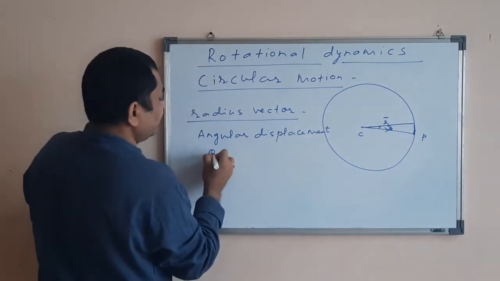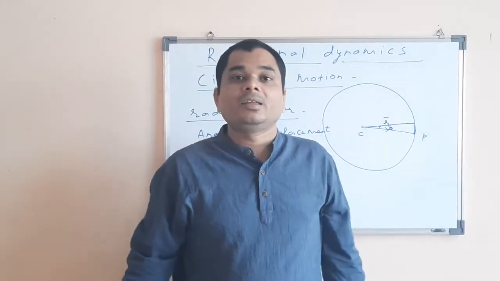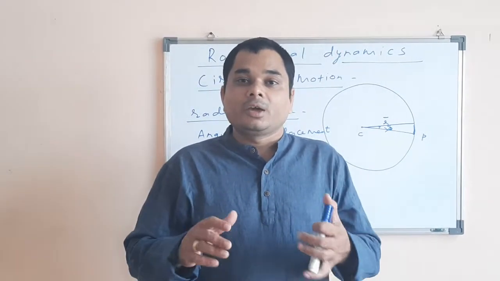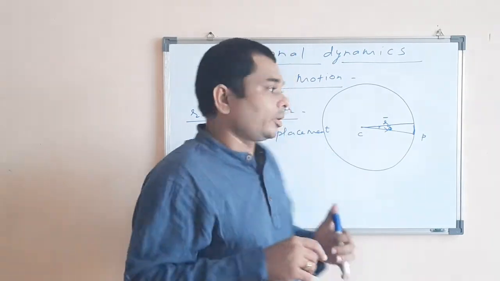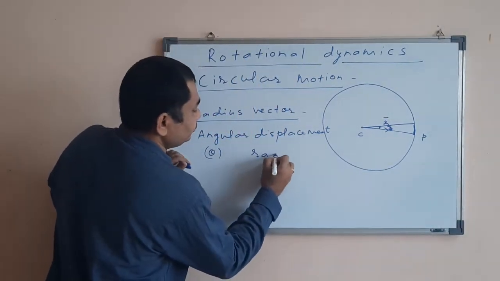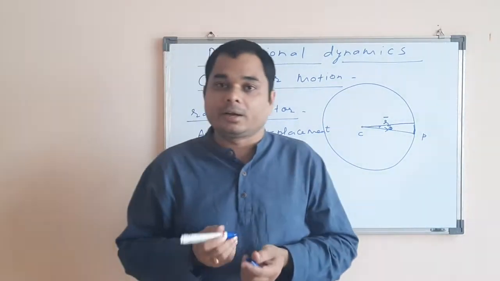It is represented by theta. So angular displacement is the angle described by the radius vector in a given interval of time. This is measured in radians, and this is a vector quantity.